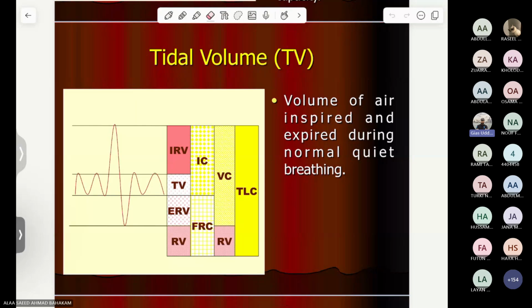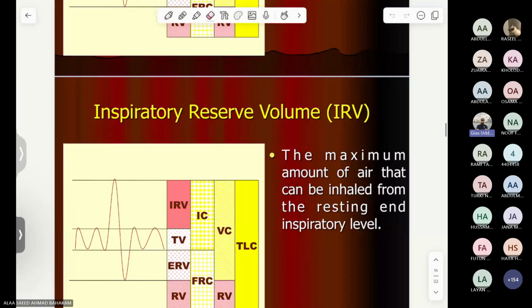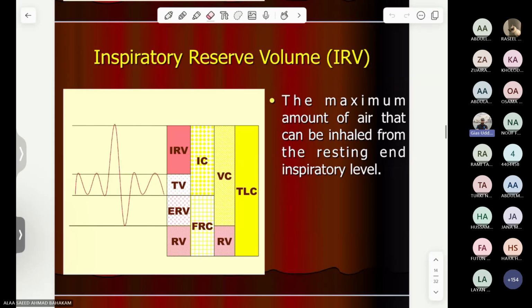So during this normal quiet breathing, inspiration and expiration, the volume of air that goes into our lung is called the tidal volume. It's about 500 ml. Okay, tidal volume. Next one is IRV. What is IRV?